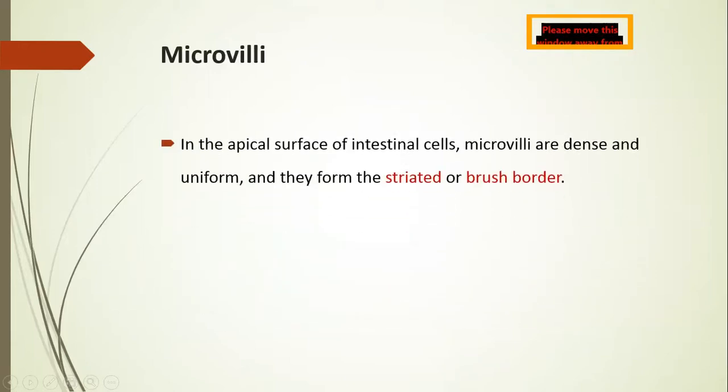The microvilli on the apical surface of the intestinal cells are dense and uniform, and they form the striated or brush border.